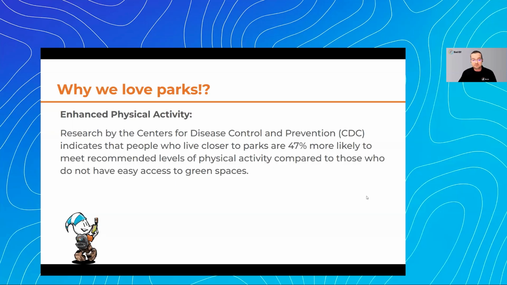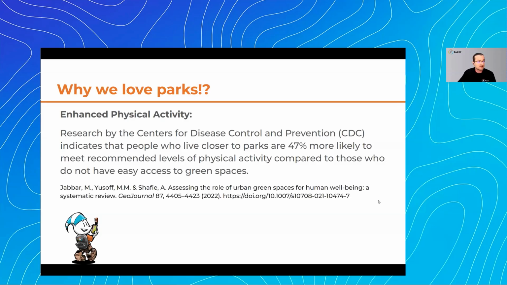Fun fact, the average person won't walk more than about a quarter of a mile to get to most places, certainly not 2 miles. So proximity to parks is really important, and GIS is a great tool to figure out those proximities, leaning on Tobler's law of geography: things that are closer are more related. If you're closer to a park, you're more related to it and its benefits.